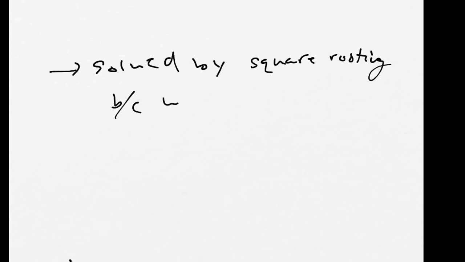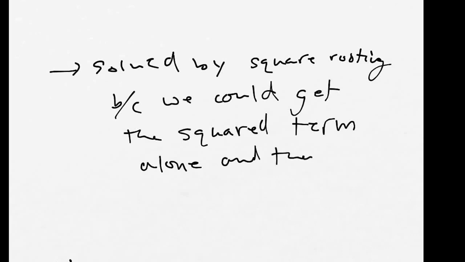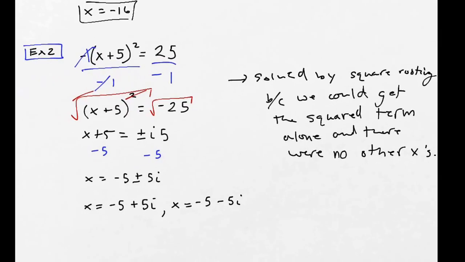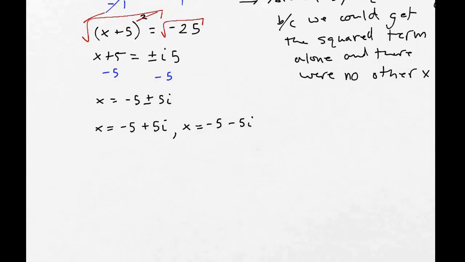So because we could get the squared term alone, and there were no other x's. Cool. That's the two. There's two problems.